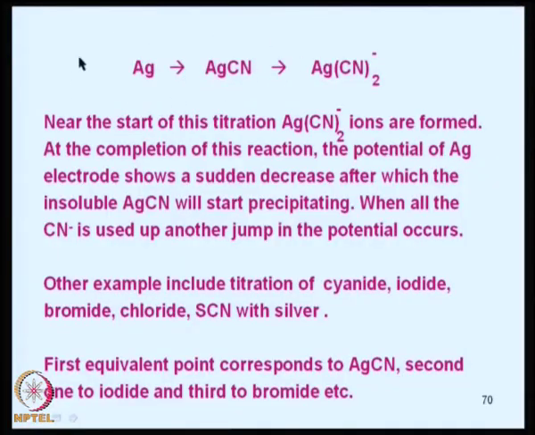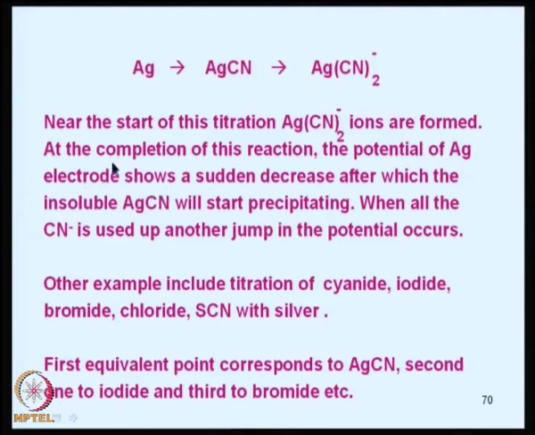First it will form Ag(CN)2 minus. So, there it will be dissolving, and then as you increase the addition of silver, all the Ag(CN)2 minus would be formed, but then it will form a precipitate. So, AgCN will be forming. So, near the start of the titration we have Ag(CN)2 minus.